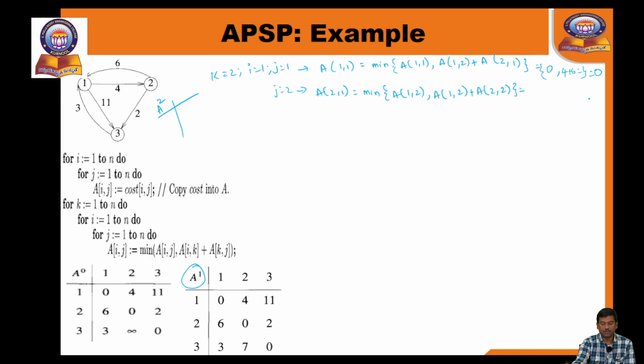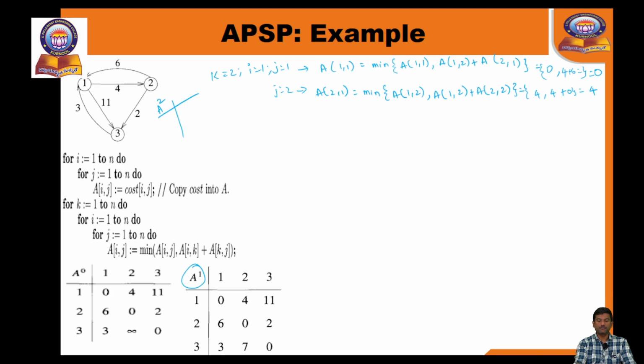So A of 1 2 is equal to 4, comma A of 1 2 is equal to 4, plus A of 2 2, that is equal to 0. So that has been given by the minimum value to be equal to 4.